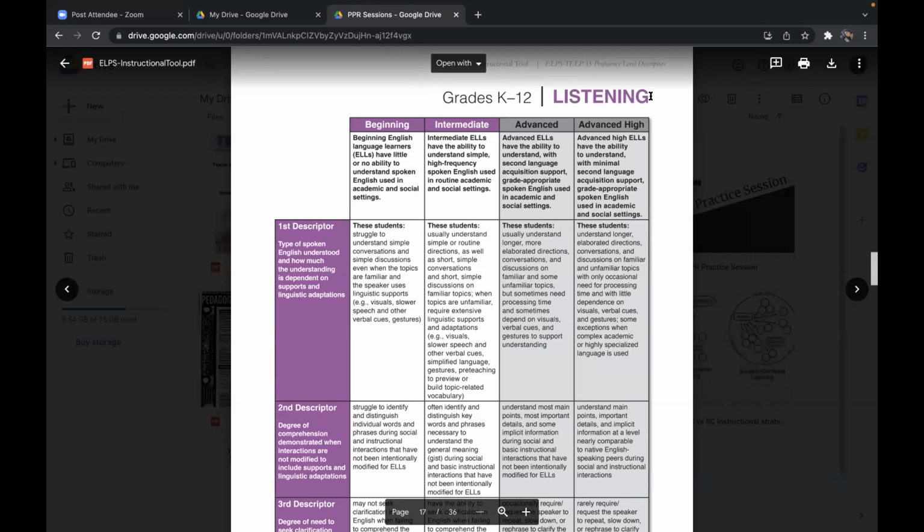But there are strategies that science tells us, research-based, which means studies have been done, and over again, those experiments have shown that particular strategies help English language learners be successful in their learning.